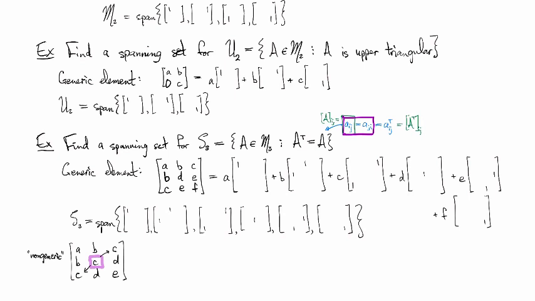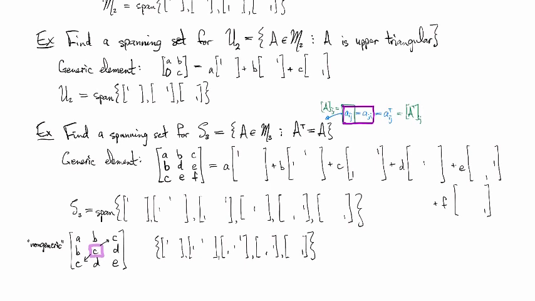I lose some freedom, and this would lead me to saying the span is going to have things in it that have this one, this one, this one, this one, and this one. So I would mistakenly believe that this is a spanning set, which is not true.